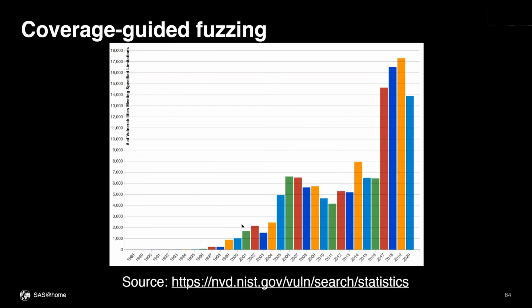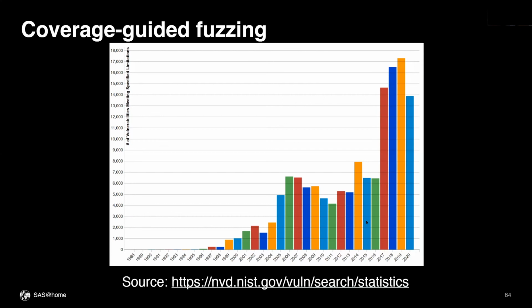Here I have some statistics as an example. You can see that the number of detected vulnerabilities since 2012-2013 has been growing a lot, and I think this is partly due to the fact that fuzzing has grown in popularity a lot.